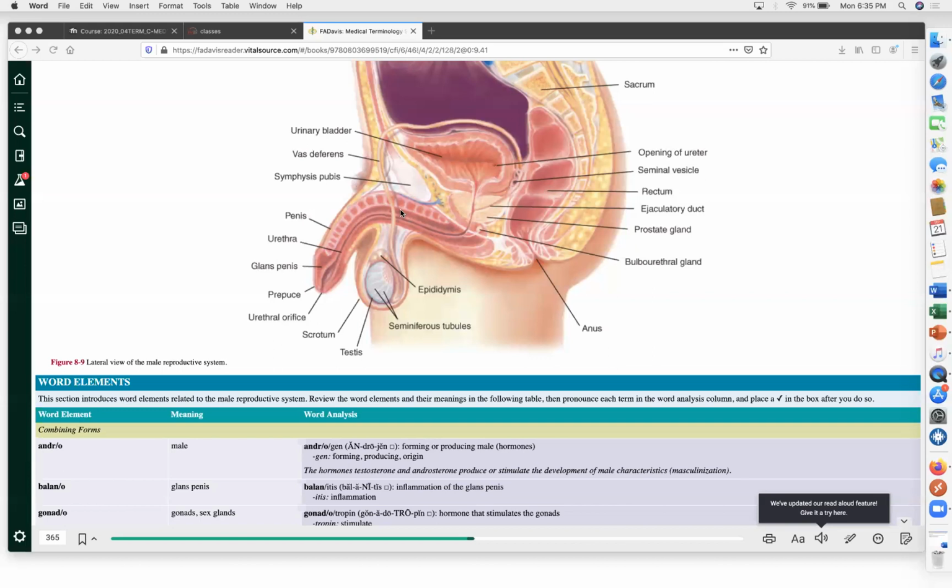Male penis, as you could see, the head, also known as the glans. The scrotum is the sac that holds the testes. The function of the testes is to generate testosterone and create sperm, and it goes all the way up this tube called the vas deferens.